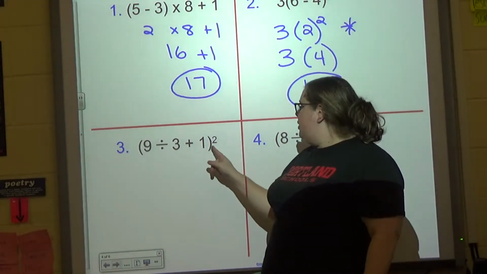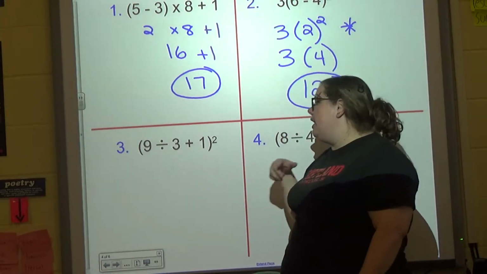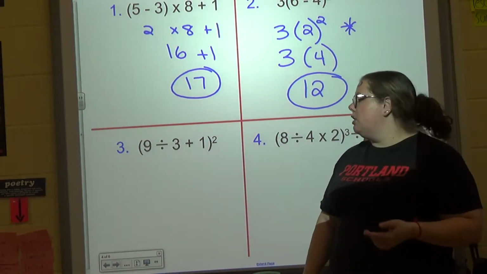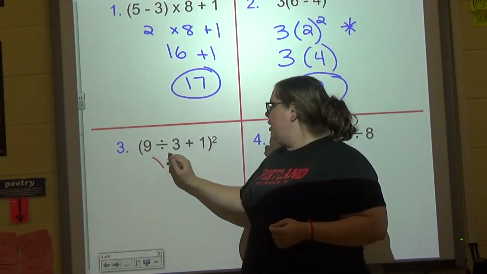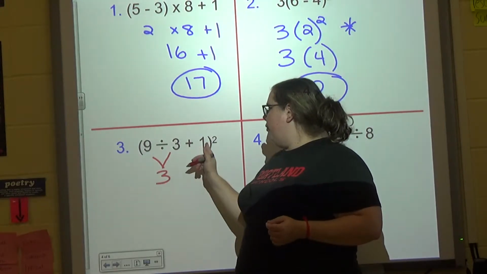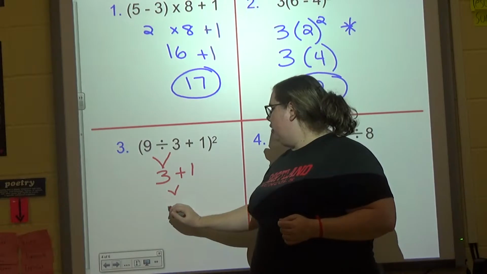Okay, so this one, again, parentheses first. We have to do this inside. Now the inside is multiple steps, so take it one at a time. We have our 9 divided by 3. Divide before we add. Bring that together and we get 4.